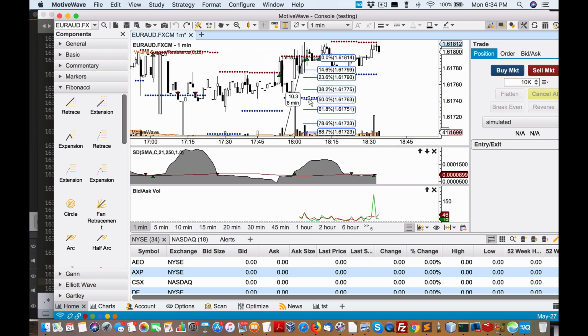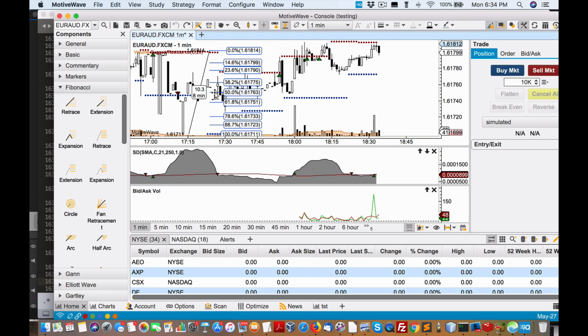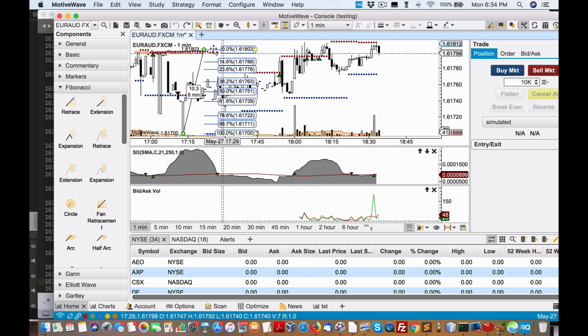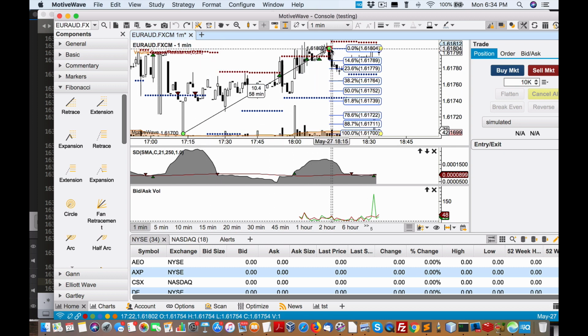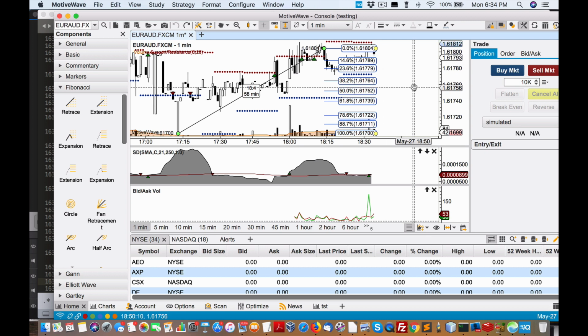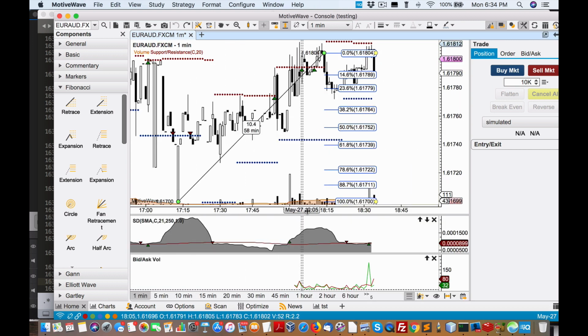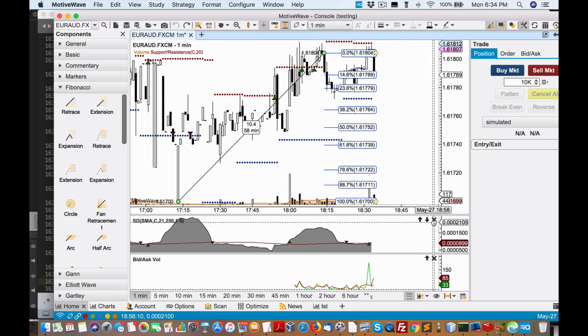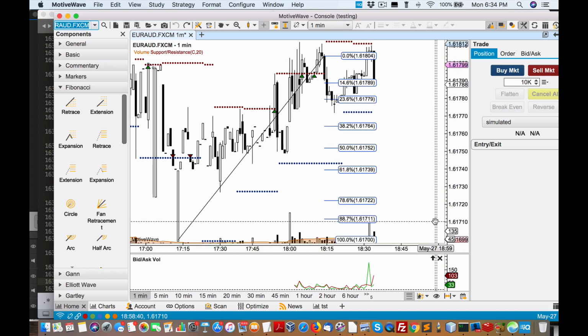So I'm going to assume right here, that's the low, and this would be the high. I got to blow this up. Okay, so I don't think the standard deviation means a lot, but let's just see if we can tie in.